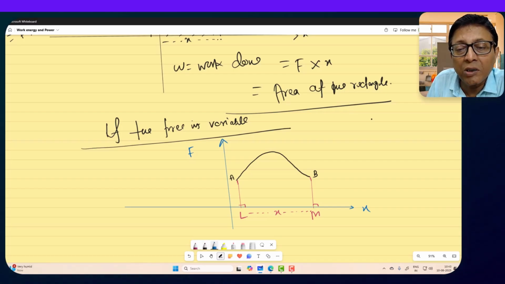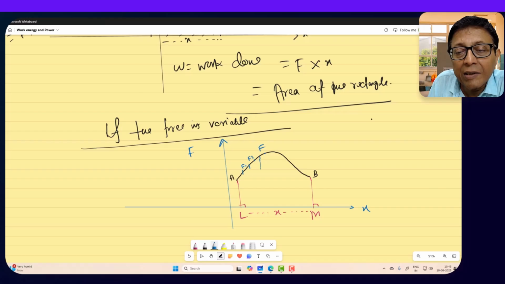Suppose for this part the force is F1, for the next part the force is F2, F3, Fn, in this manner. I will take a force F for this part and the particle is given a small displacement dx.